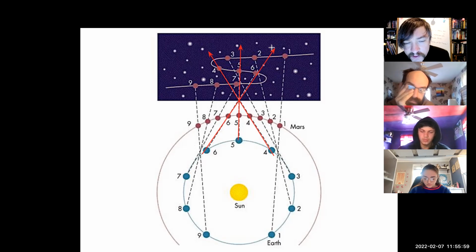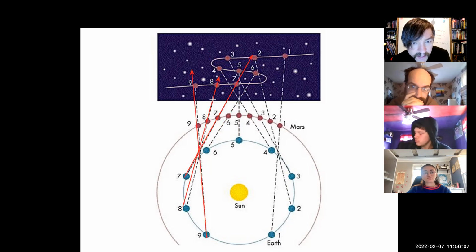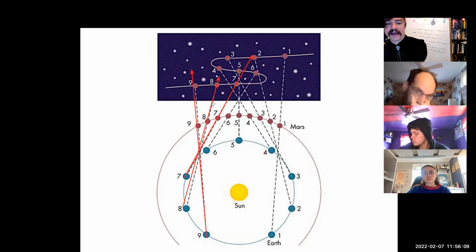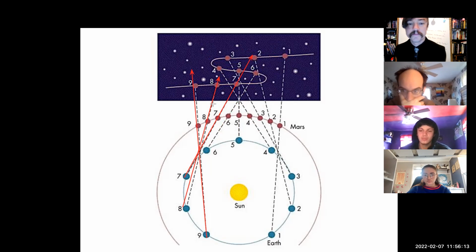And this persists for a little while. And then, after a month or so, maybe a few months, it starts to appear to drift eastward again as Earth gets farther away from Mars.